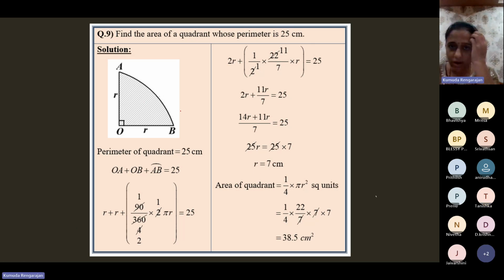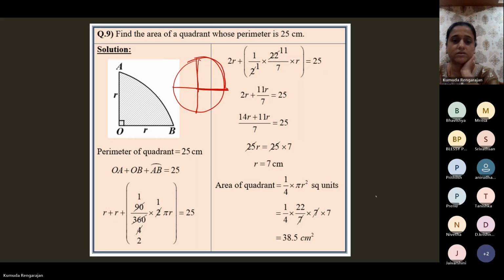Okay, find the area of a quadrant whose perimeter is 25 centimeters. So this is a quadrant. It's a quarter of a circle. Its perimeter is given. Perimeter is 25. That means OA plus OB plus the length of this arc AB.